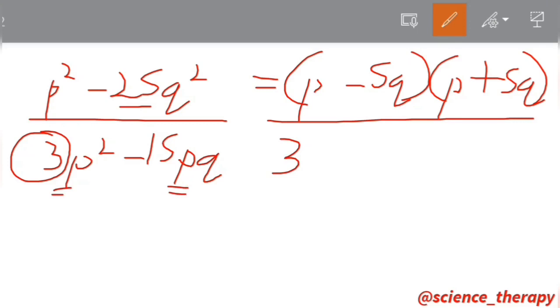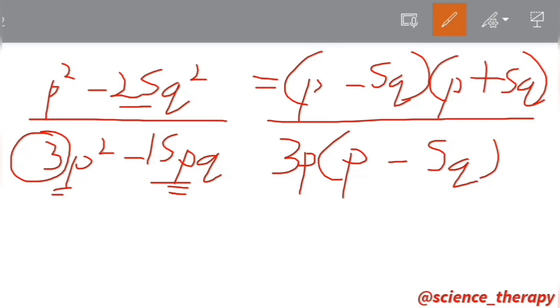So your common factor is 3p. When we factor out 3p from 3p squared, we are only left with p. And when we factor out 3p from 15pq, we'll be left with minus 5q. That's like saying negative 15pq divided by 3p gives us negative 5q.